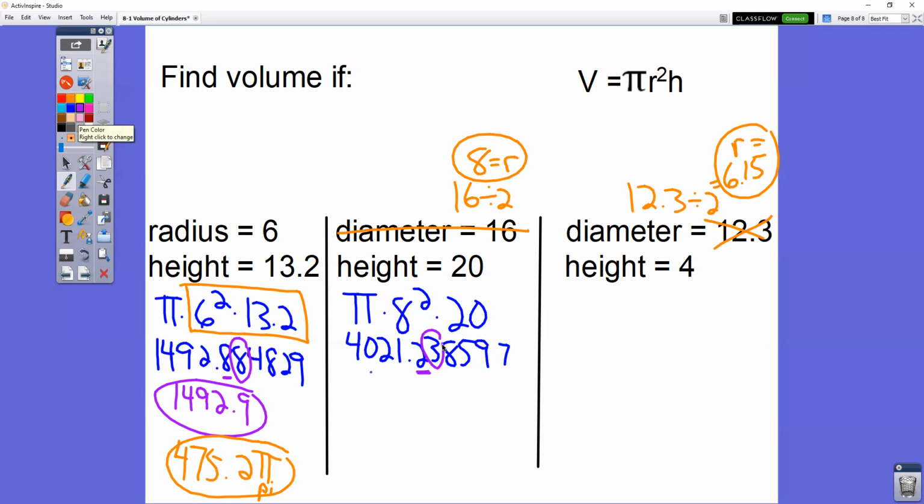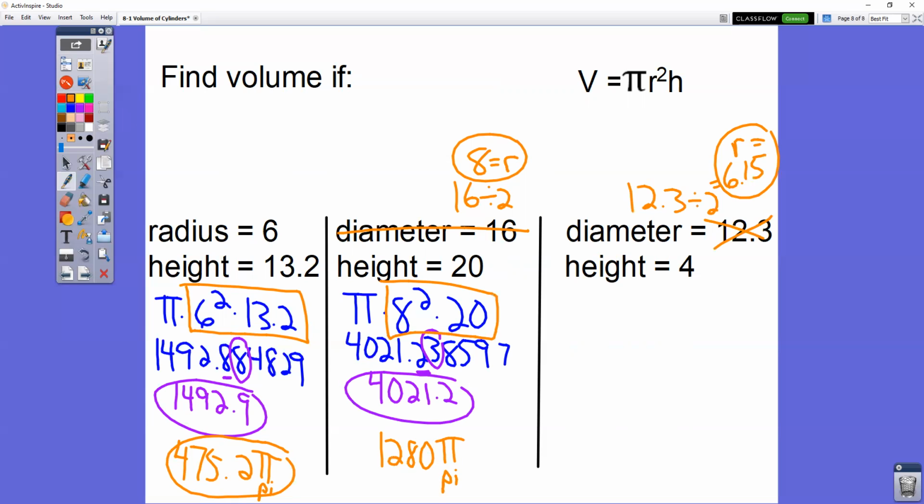You'd have to look at the number after it. That's 4 or lower. So this would be 4,021.2. If we were putting it in terms of pi, we would have 8 squared times 20. 8 squared times 20 is 1,280. And then stick your pi symbol at the end.